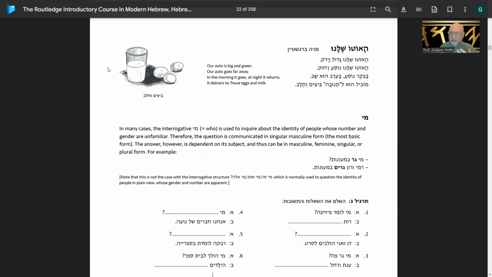And even objects themselves use the same possession words like shel, li, or whatever. So you have to know the gender of the objects as well as the obvious people. And sometimes even the name, when you're studying Hebrew, figuring out what the name is, is a question.